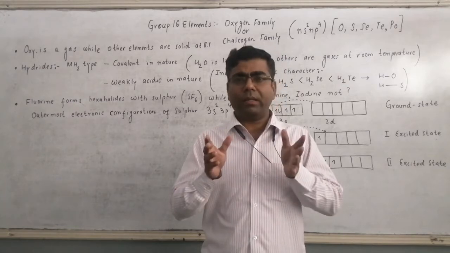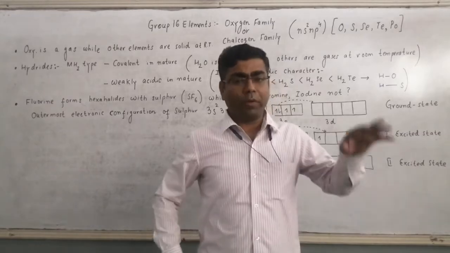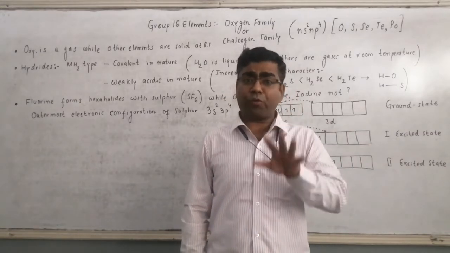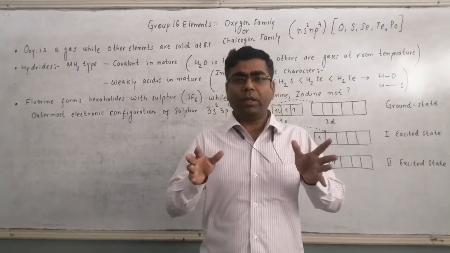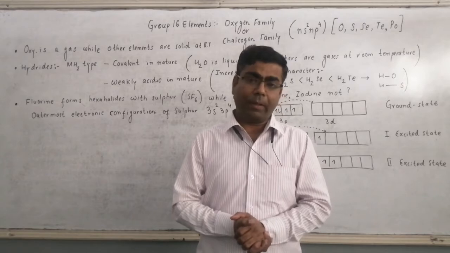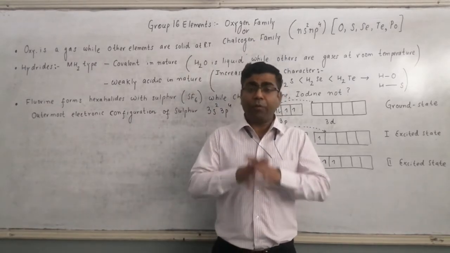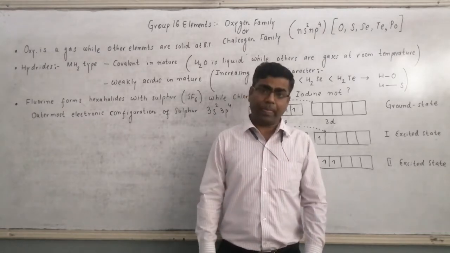That's why it does not form NCl5. Because for the formation of NCl5, we require 5 unpaired electrons in nitrogen, which is not possible due to absence of vacant d orbital. But if we talk about phosphorus, then phosphorus can form pentahalide like PCl5.